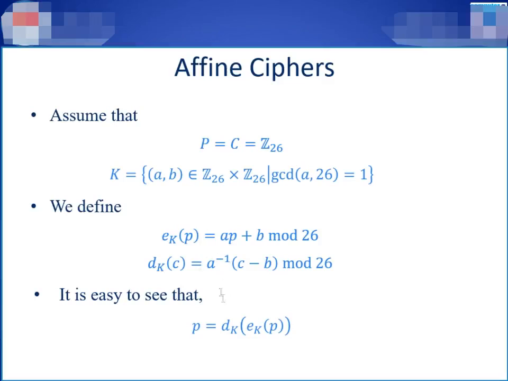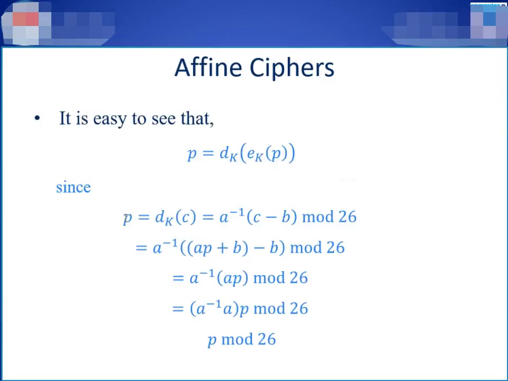But before I explain what multiplicative inverse means, let's check if the encrypted message, when decrypted using the same key, will give us the same plaintext. Our plaintext is equal to the decryption of the ciphertext with the same key.